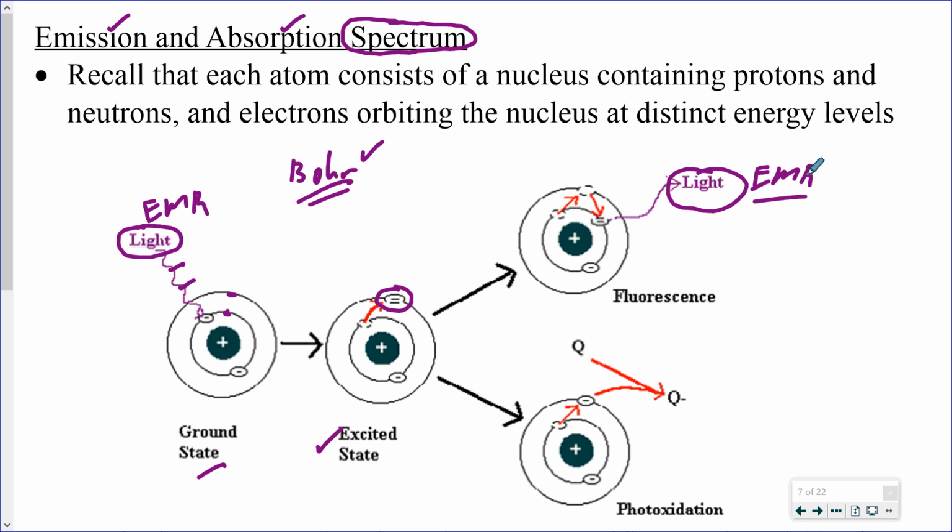What they have found is that every element on the periodic table has a very, very characteristic fingerprint for the wavelength and frequency of electromagnetic radiation that can be used to excite the electrons. Hydrogen would be different than nitrogen, would be different than oxygen in terms of the wavelength and frequency of EMR being absorbed and also re-emitted that we see here.